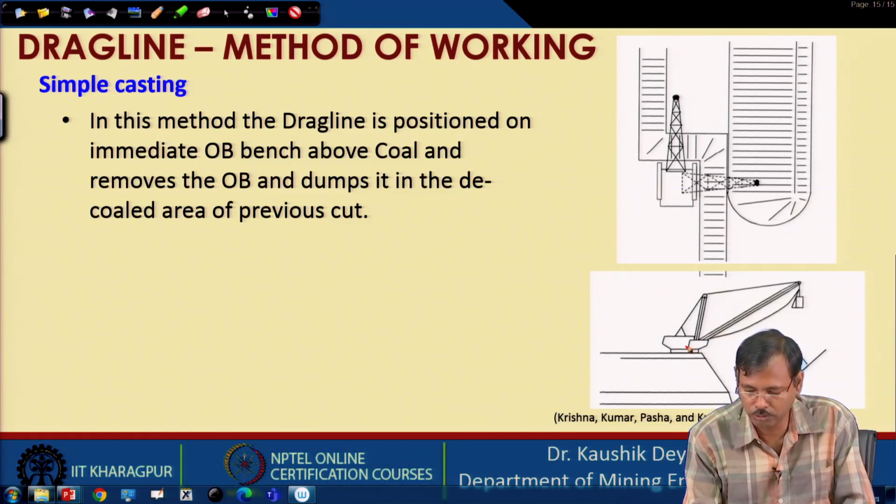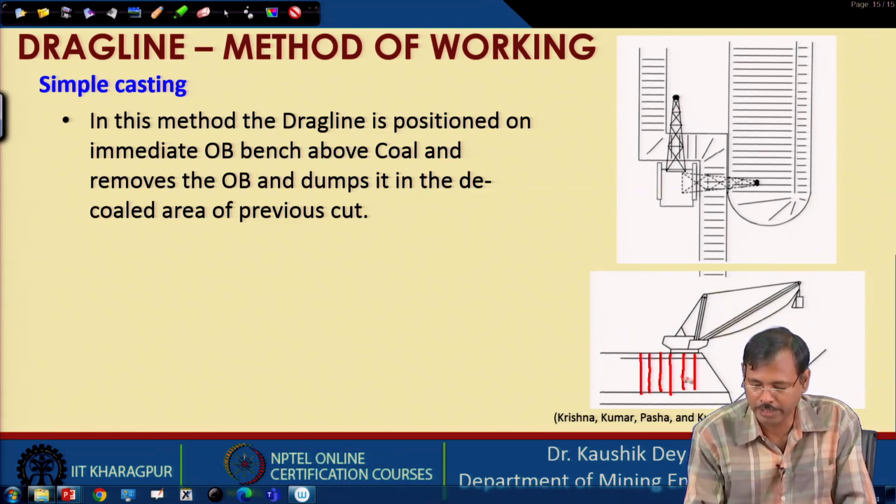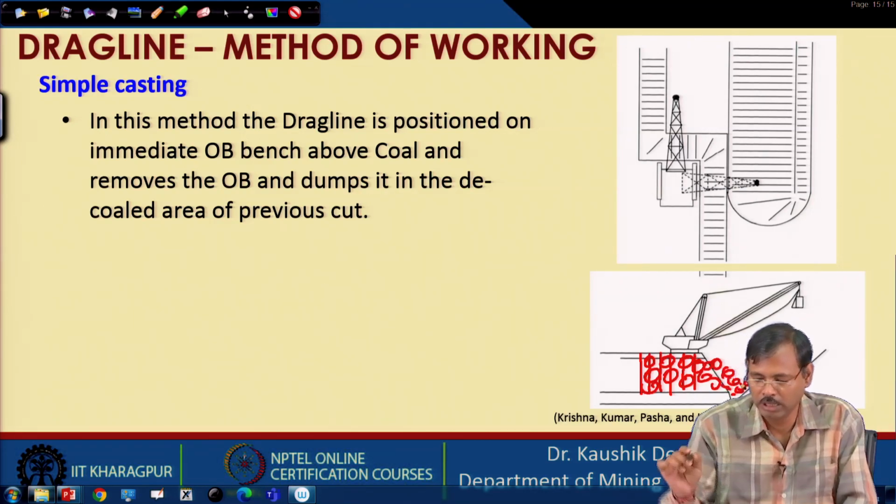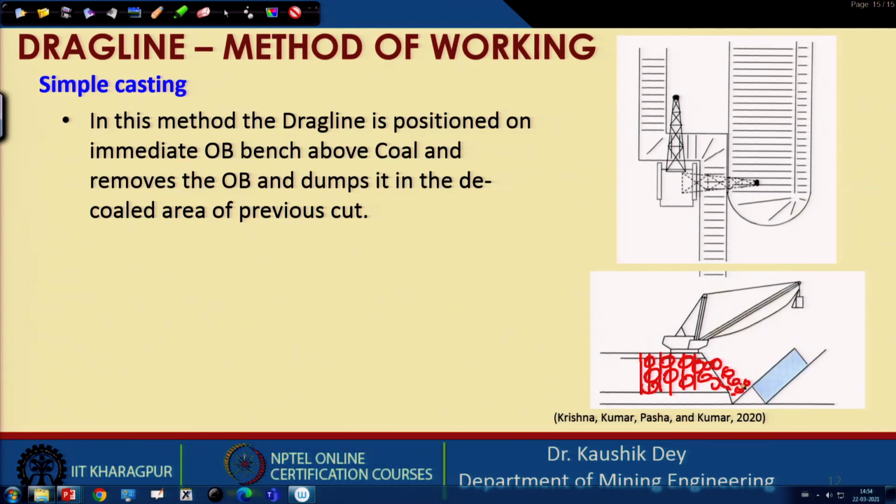Before you deploy the drag line at this position, you have drilled different holes here, and then you blast this portion and allow the material to be dumped like this. Now, this is after blasting, this is the fragmented material.